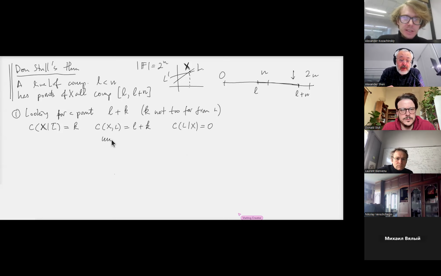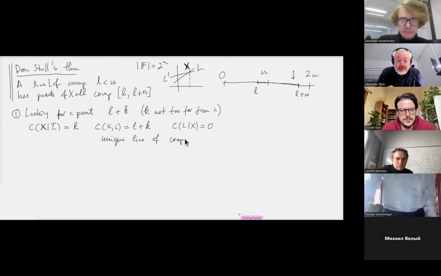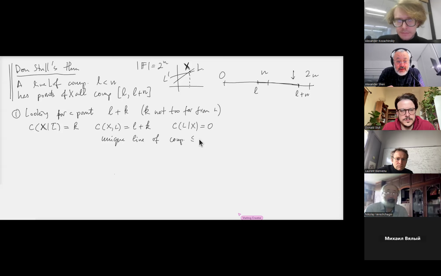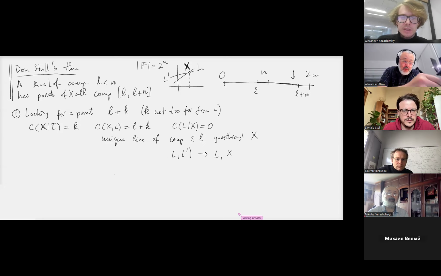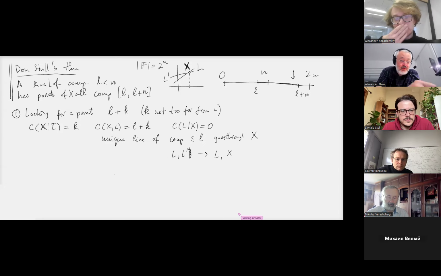Because if there is another line L prime of complexity at most L, small L, that goes through x, then knowing L and L prime, we can reconstruct L and x, because x is the only intersection point.